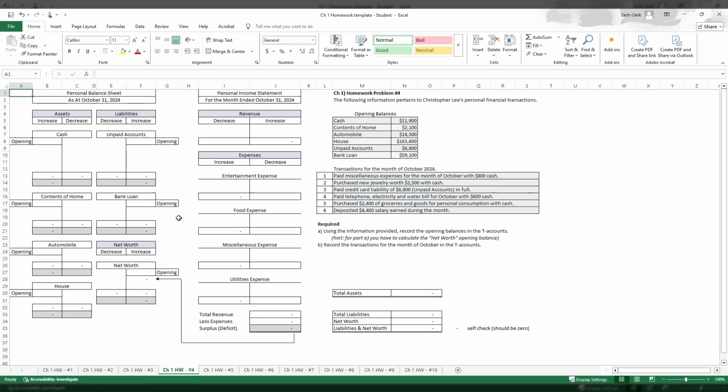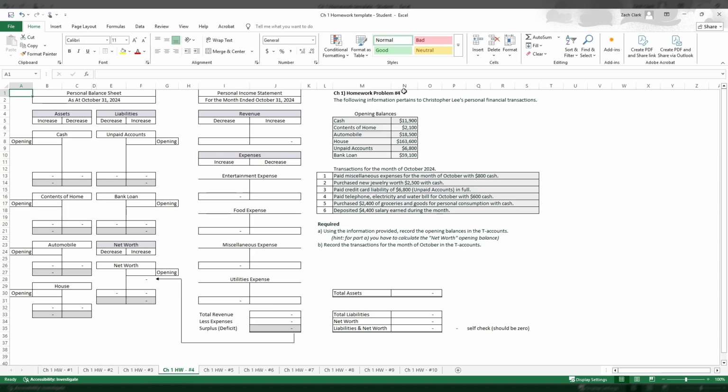In number 4, we're going to start seeing additional T accounts. We looked at just the one cash T account back in, I think, problem number 2. But now we have all of our assets listed in T account form, all of our liabilities, our net worth, revenue, and expenses.